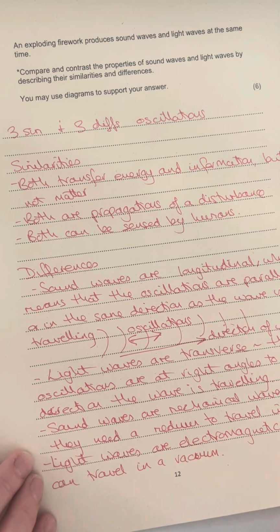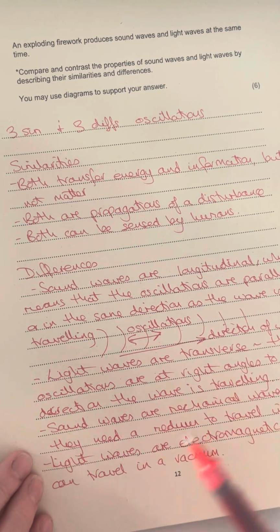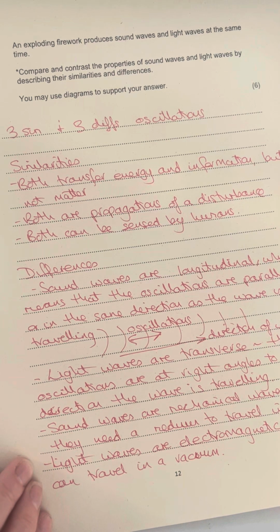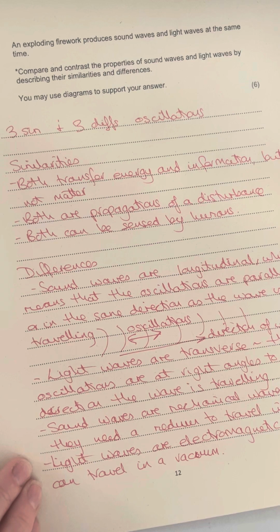That's going to give us plenty of differences there to get us the full 6 marks. You could also say that light waves travel much more quickly than sound waves. You could say that light waves travel at 300 million meters per second in a vacuum, whereas sound waves are only travelling at about 330 meters per second in air.